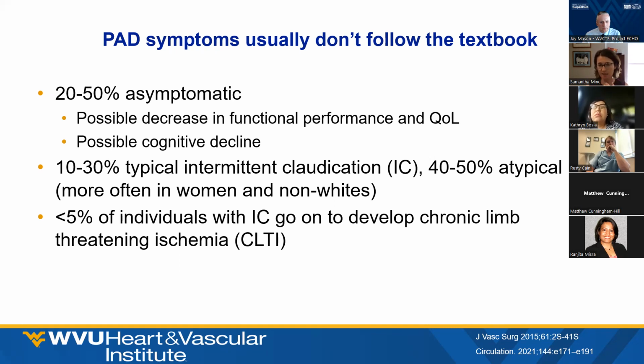So they walk slower, they've changed their expectations of what they can do. Their quality of life has decreased, but it's not enough for them to show up and say that they have symptoms. There's also questions of whether there are some cognitive declines that come with it too, but that's not typically picked up.